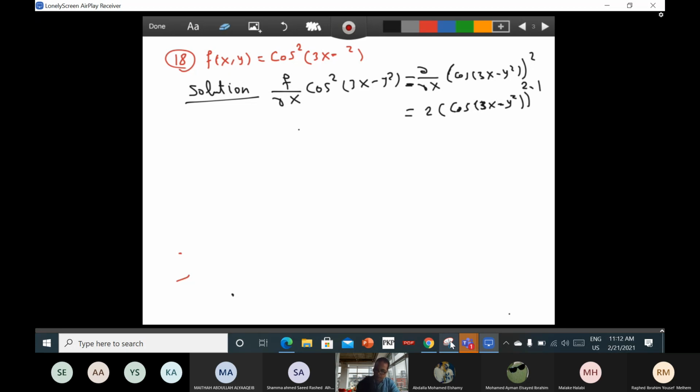Just make it very tight here. I get the 2 down, and I have cosine (3x minus y square), and the power is subtracted by 1. And then I go inside: partial by partial x of what is inside, which is cosine (3x minus y square).